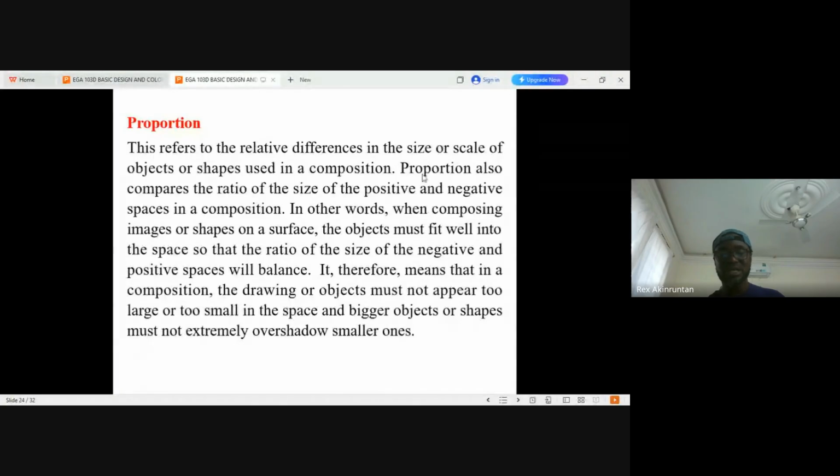It therefore means that in composition, the drawing or objects must not appear too large or too small in the space, and bigger objects or shapes must not extremely overshadow smaller ones.